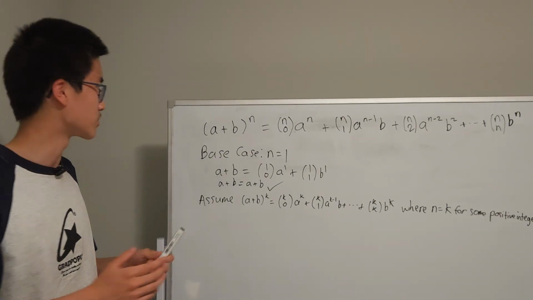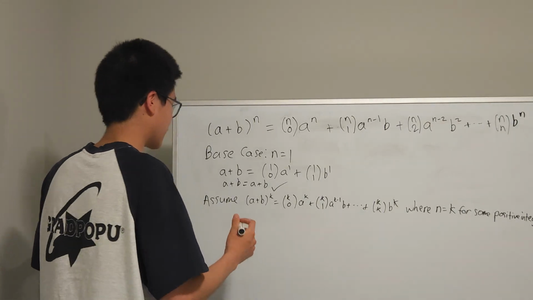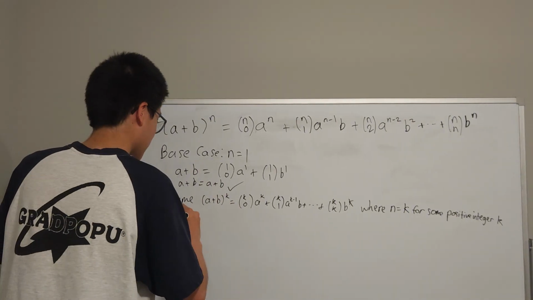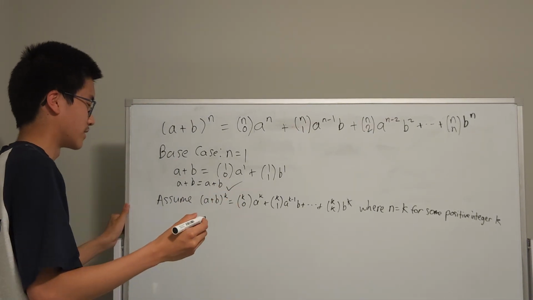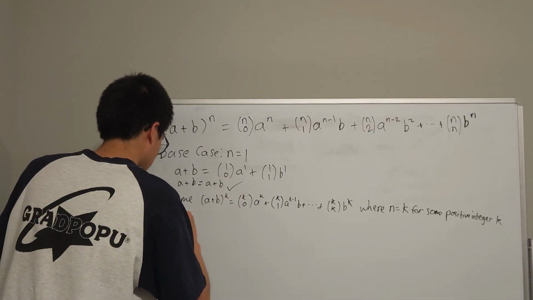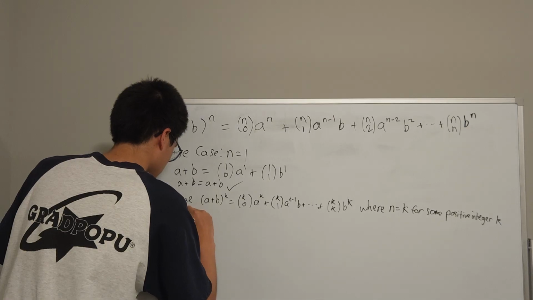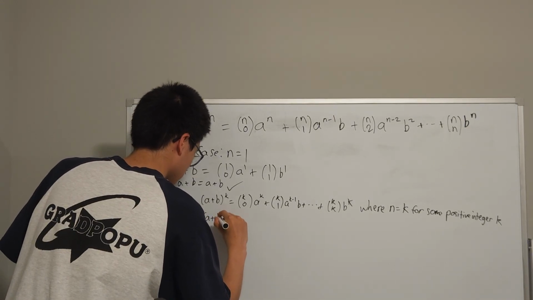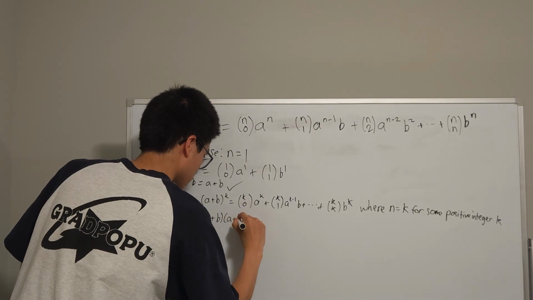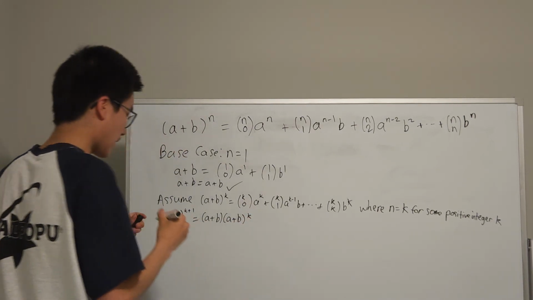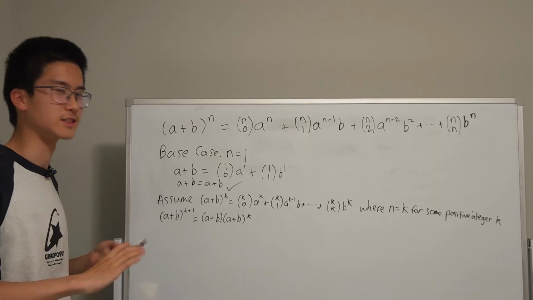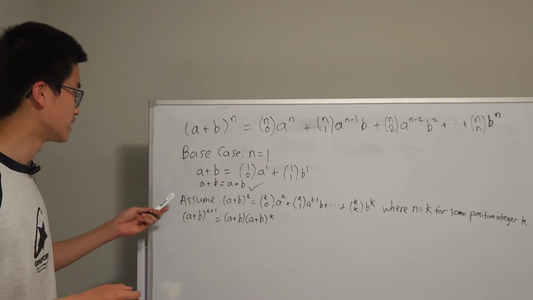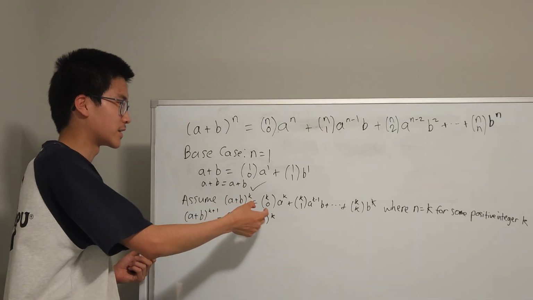So we want to show that a plus b to the power of k plus 1 equals this. Afterwards, we're going to use our assumption, also known as the inductive hypothesis, I believe. So we're going to substitute a plus b to the power k in here.